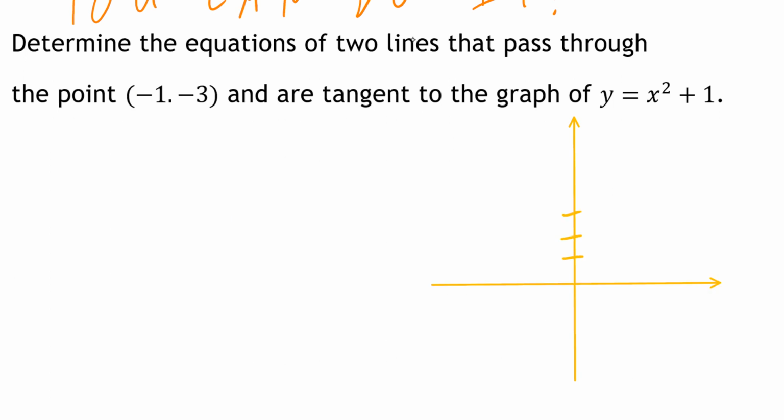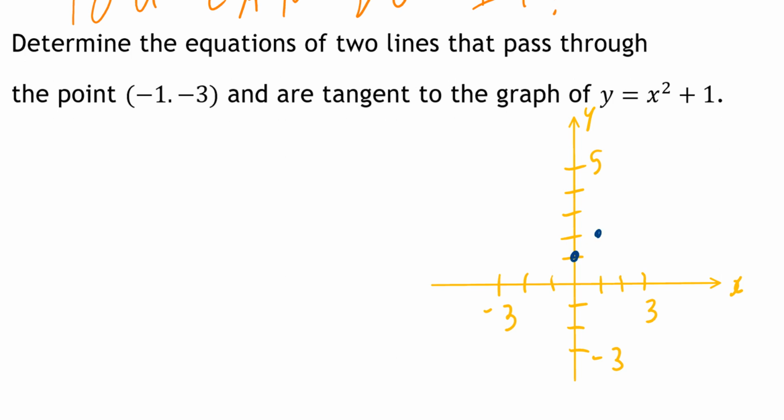Let's find out. So if I set up a scale going up by 5, down by 3, right by 3, left by 3, this should be enough in terms of graphing what is given to us. So for example, y equals x squared plus 1 from grade 10 academic math basically opens up with a minimum at (0, 1).